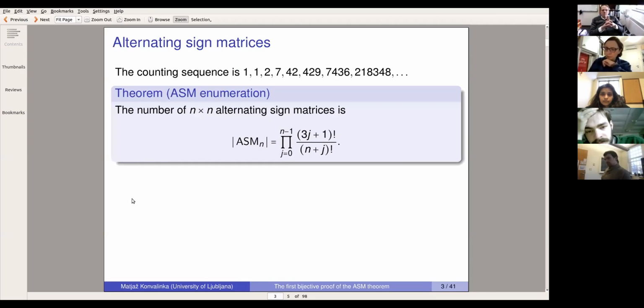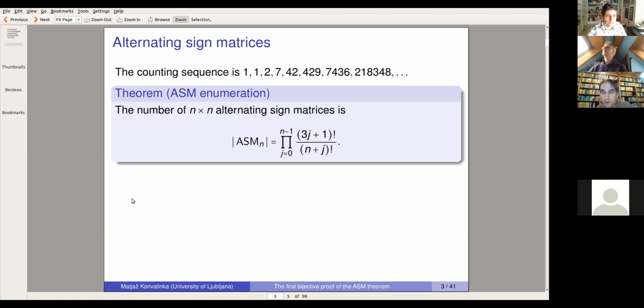If you think about the first row of an ASM, there cannot be any -1s in the first row. Why is that? Because then the corresponding column would start with a -1, and that would not work because one of the requirements is that the sum is 1. So it has to start with a 1, then a -1, then a 1 again and so on.